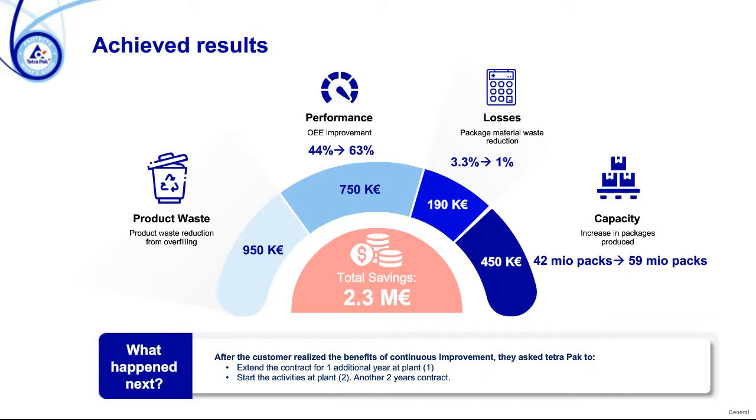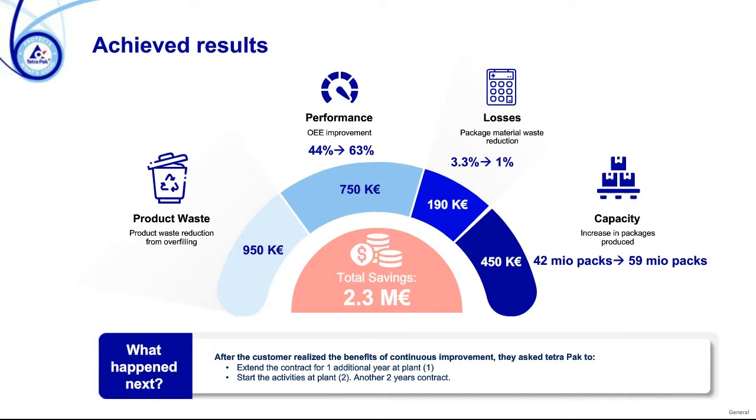And finally the capacity: by increasing monthly produced packages from 42 million packs to 59 million packs, we saved the customer 450 kilo euros. And all these savings sum up to 2.3 million euros of savings over the course of 2 years. But what happened next?